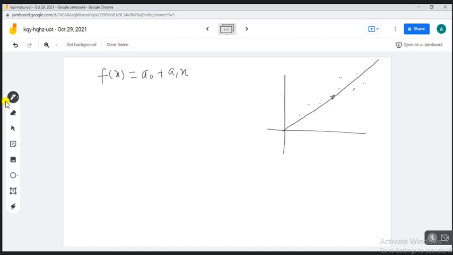This point can also be regarded as the mean of the data set. So for example, y bar satisfies a0 plus a1 x bar, where x bar is the mean of the data set xi and y bar is the mean of the data set yi.